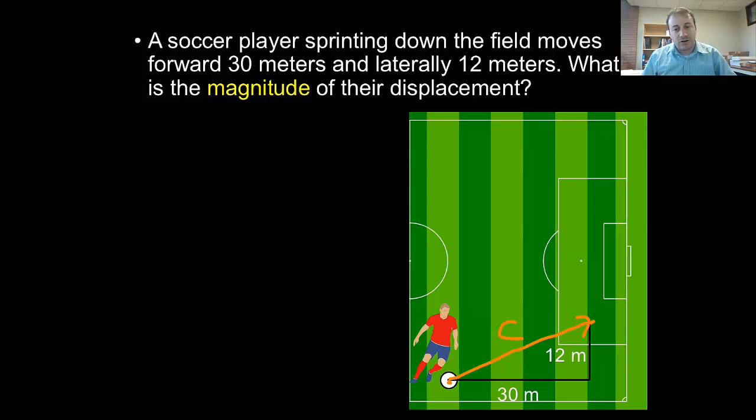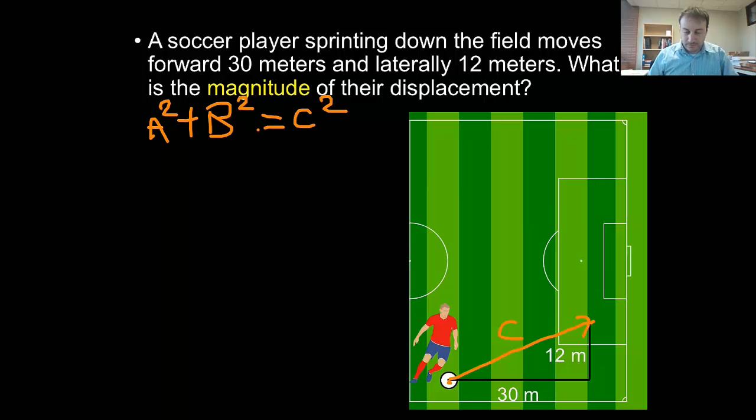It's going to have a magnitude, which, to keep notation consistent, we're going to call c. Using Pythagorean's theorem, we can now solve for the magnitude of this displacement vector to find out how far the soccer player has moved from their initial position. So again, we know that a squared plus b squared is equal to c squared, or that 30 squared plus 12 squared is equal to c squared.